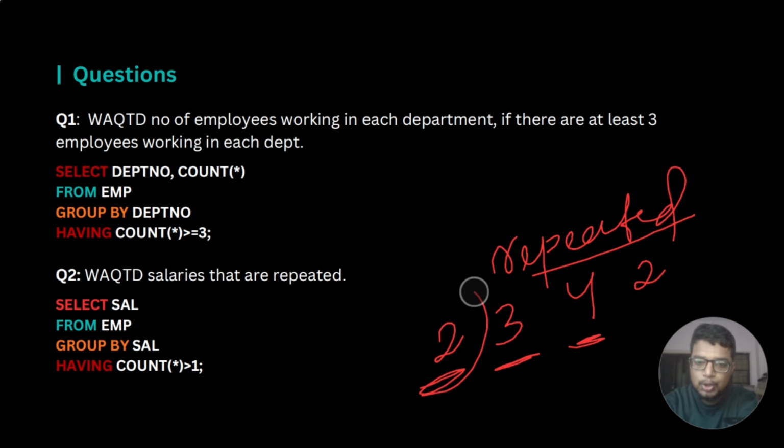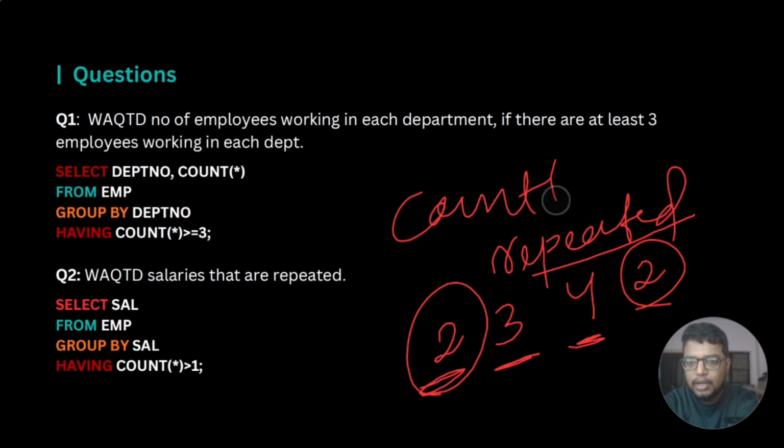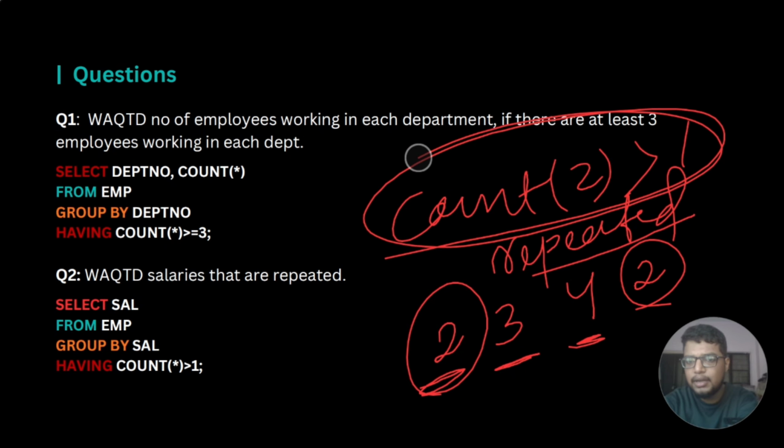That means this 2 is repeated, that means the count of 2 is more than 1. And this is nothing but our condition in this question. Instead of this 2, we just have to find the salary whose count is greater than 1.